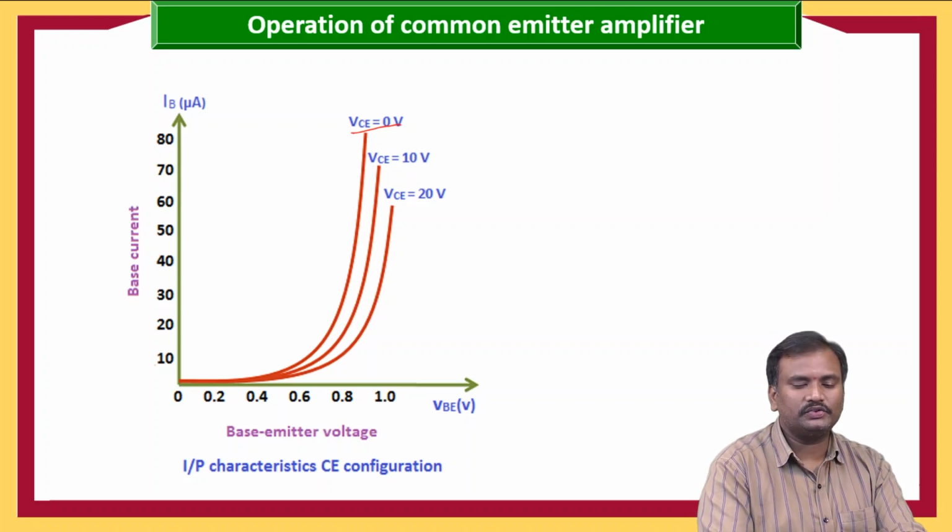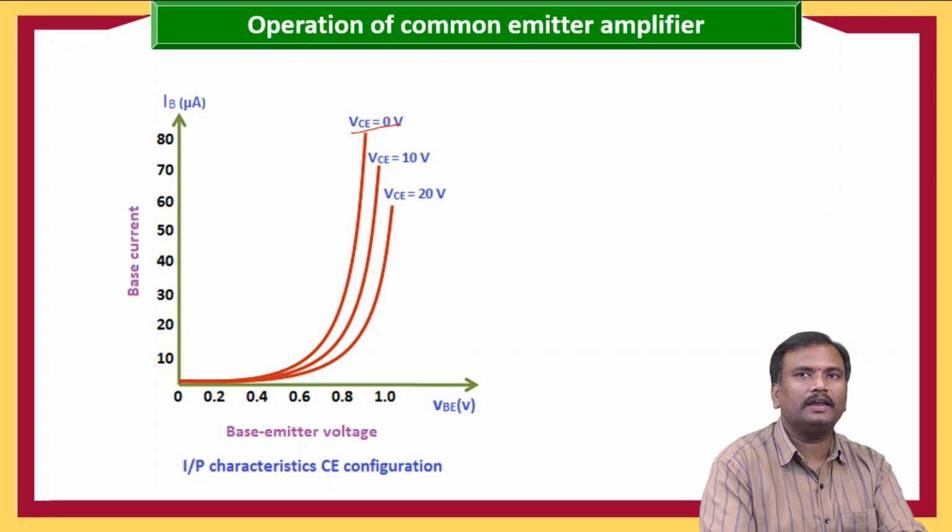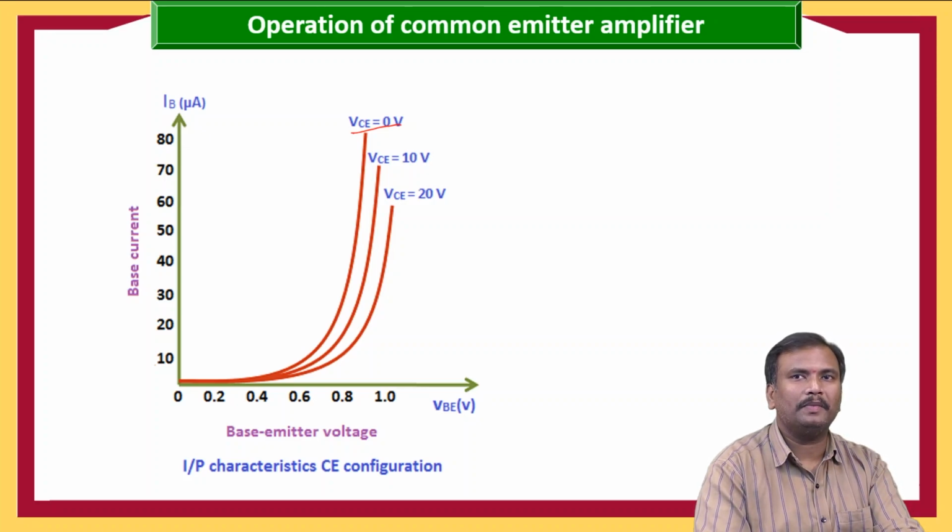Once it reaches the cut-in value, within a small change in voltage the current will increase to maximum. So this is at 0 volts.